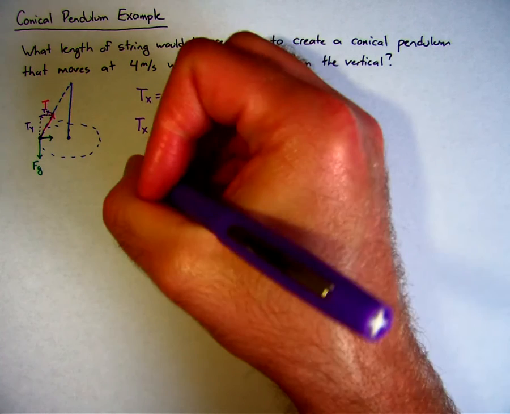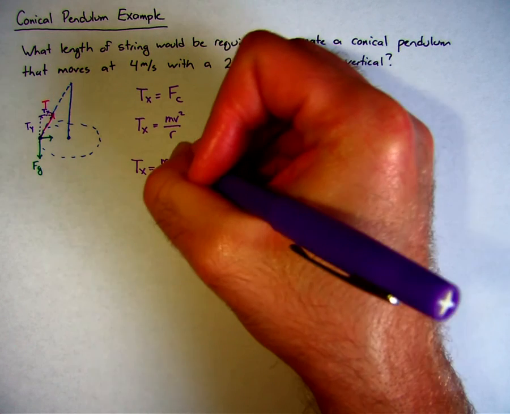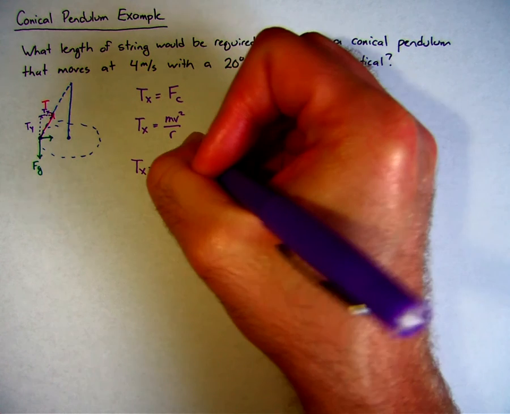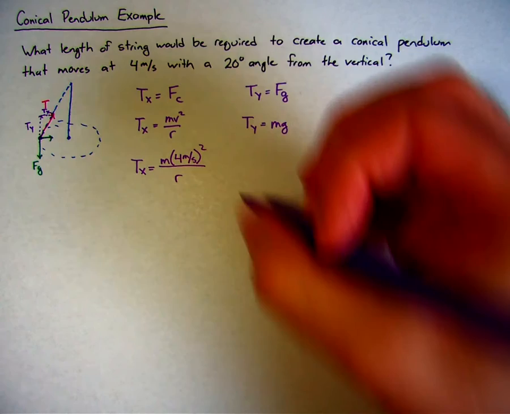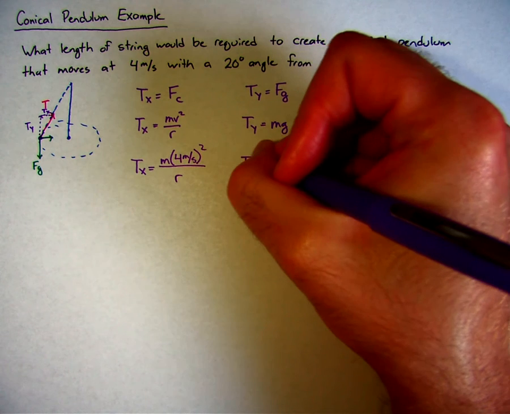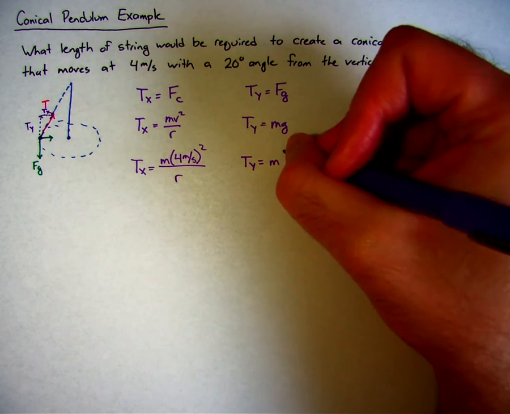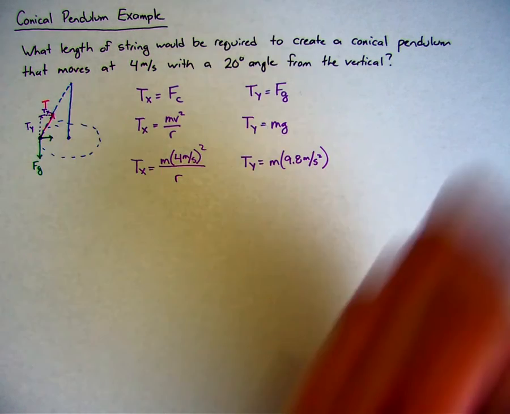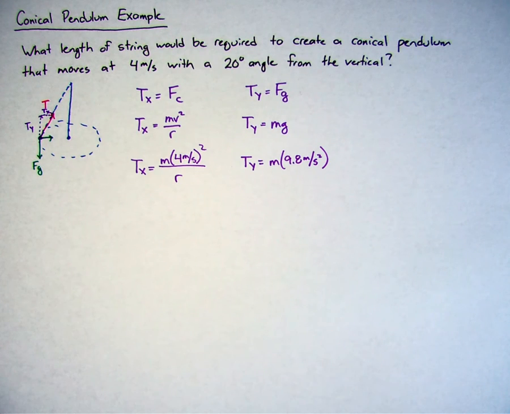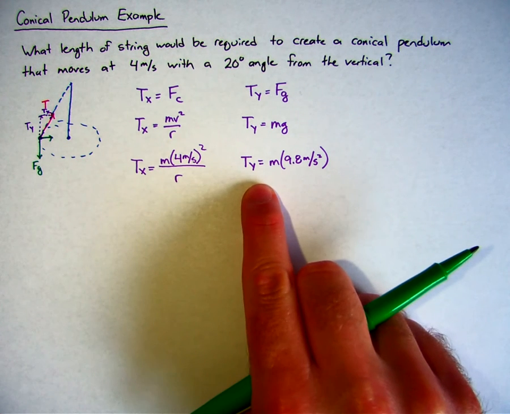But if I plug this in, I have T sub x is equal to m times 4 meters per second squared divided by r. And I know that T sub y is equal to m times 9.8 meters per second squared. Now here's the next thing. This is Tx, this is Ty. Those are just components.